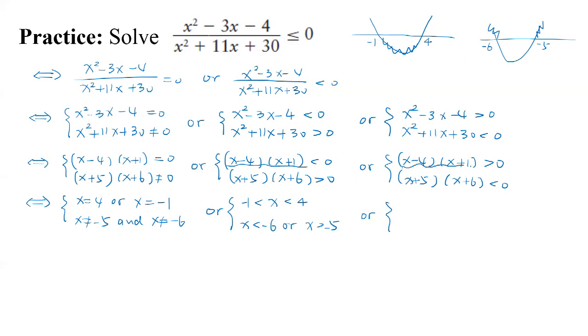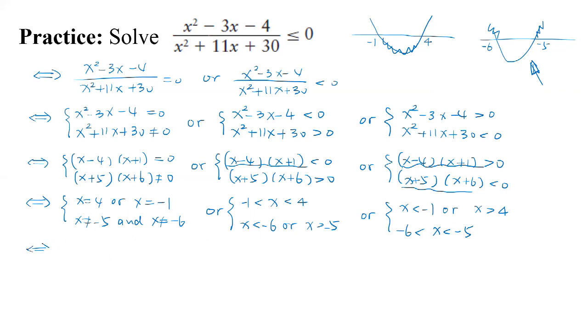Same function here, and this time we need to find the intervals that make this function greater than 0. So x less than minus 1 or x greater than 4, right? For the function here, we consider this graph. As you can see, when x is greater than minus 6 and less than minus 5, this function is less than 0, right? Okay, so we have all the solutions here.